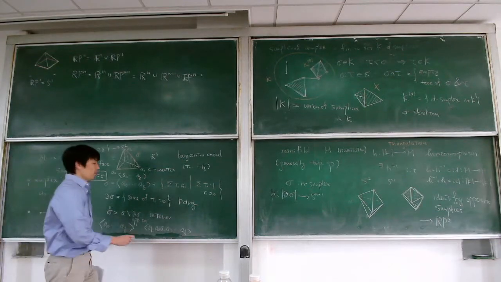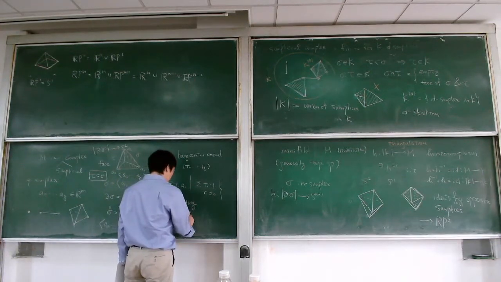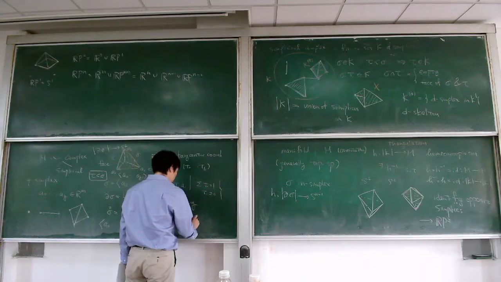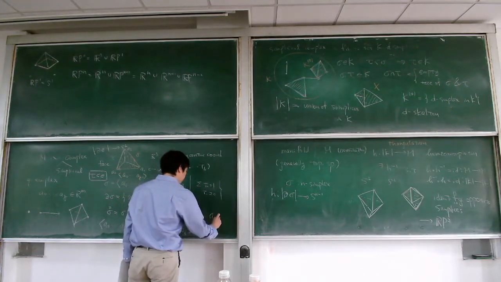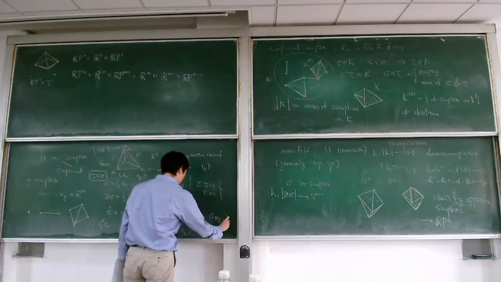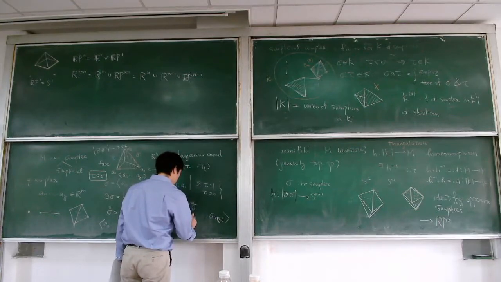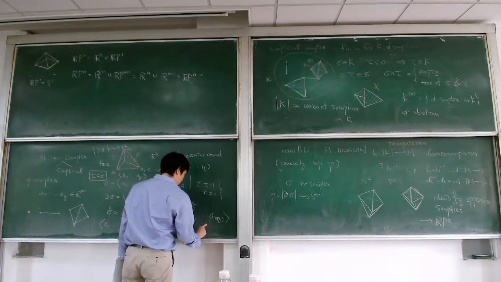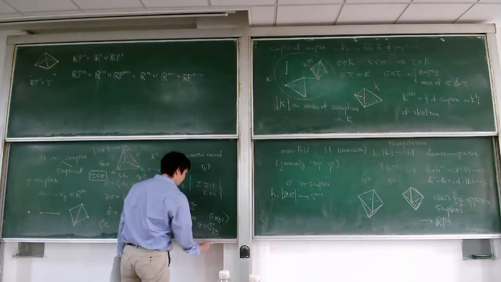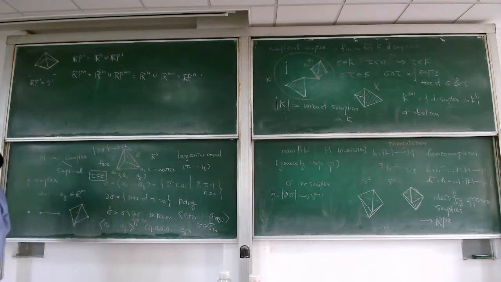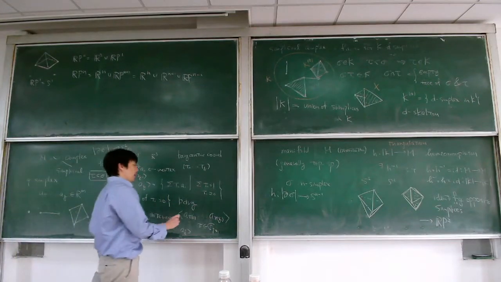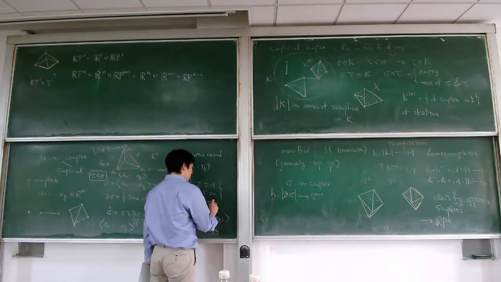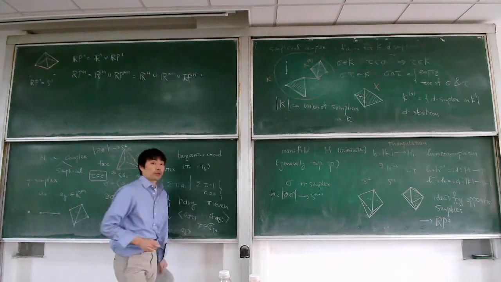And more generally, if you consider a permutation pi, an element of S_{Q+1}, where S is the permutation group, if pi is even, it is orientation preserving.